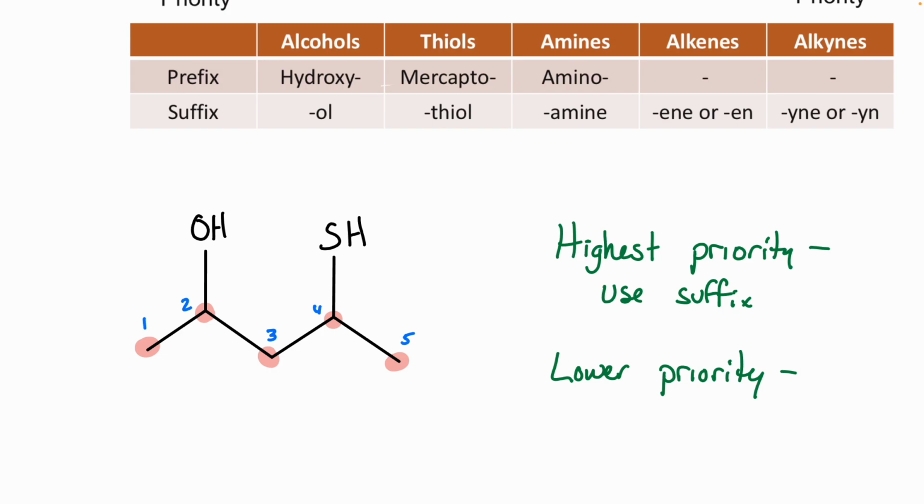So in this molecule, I'm no longer going to refer to that thiol group as a thiol. I'm going to refer to it by its prefix, mercapto, and I'm going to treat it like a substituent in my name. So my lower priority group, I'm going to use its prefix, and I'm going to treat it as a substituent.